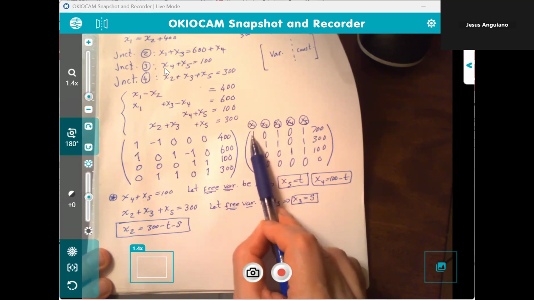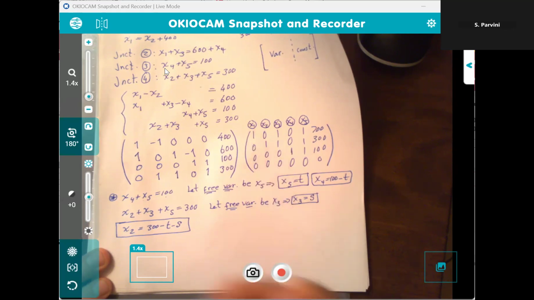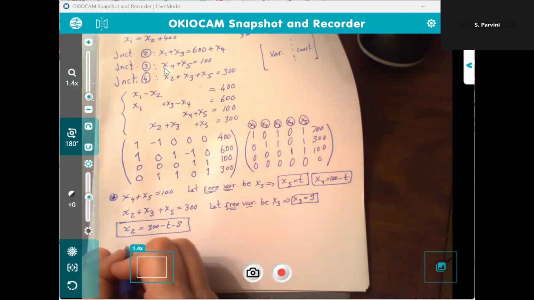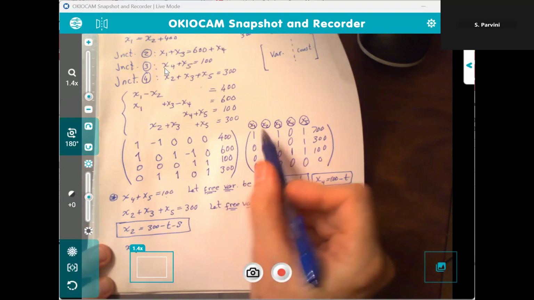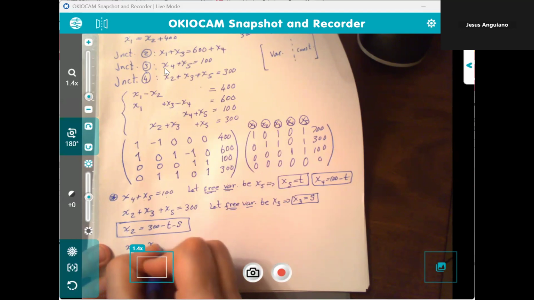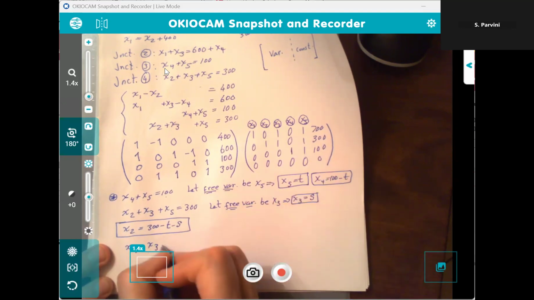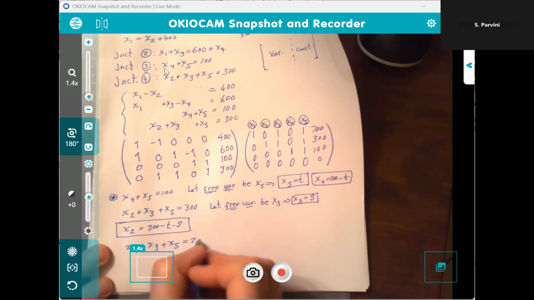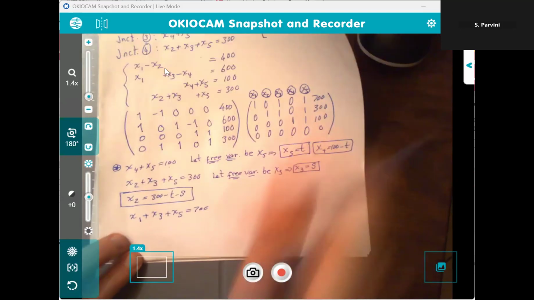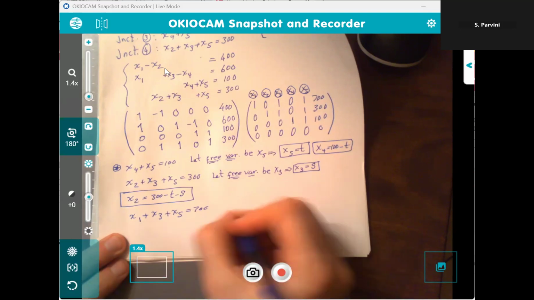Isn't it x sub 1, the first variable? So it's 1x sub 1, which just means x sub 1 plus x sub 3 plus x sub 5 equals 700. Let's solve for x sub 1.